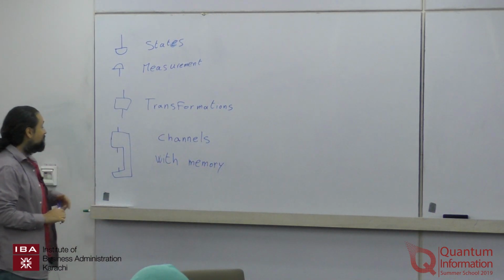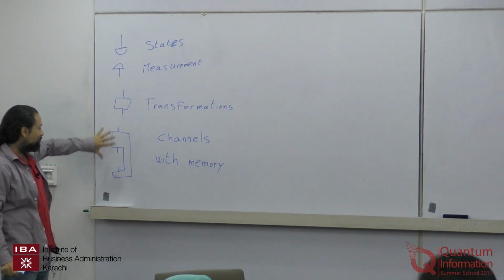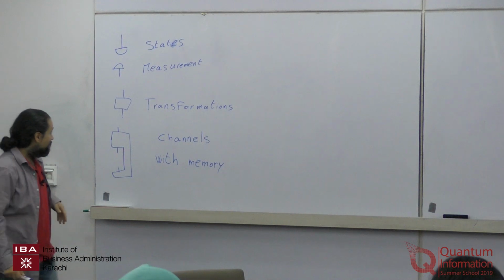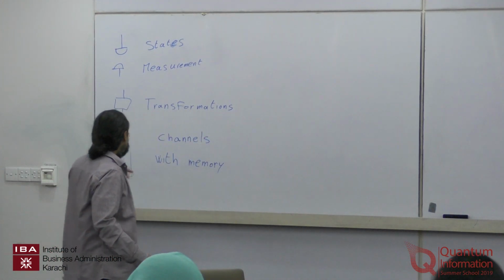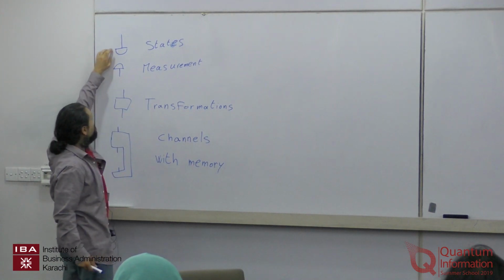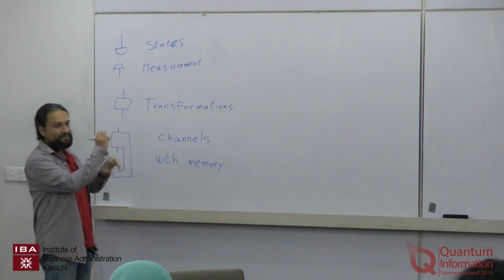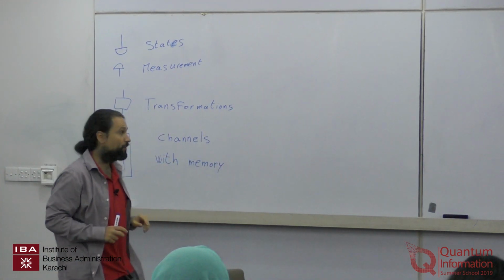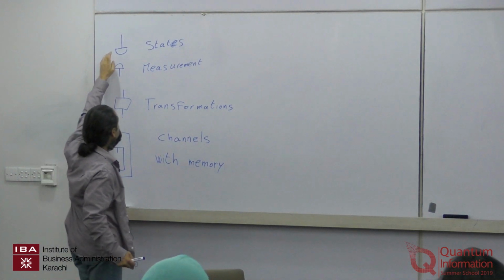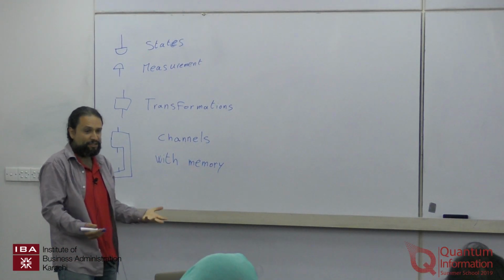Yesterday I gave a somewhat more formal and mathematical introduction to these objects. So let's remind ourselves physically what they represent. You can really think of these as the elements that compose a quantum circuit, the picture of a quantum circuit. This is where your circuit starts. It represents a state preparation, or an initial state.